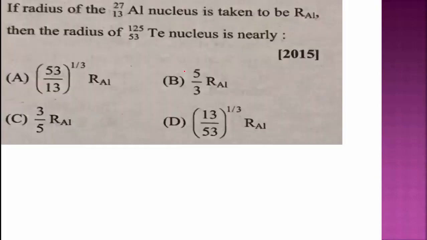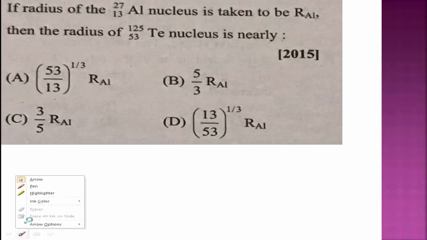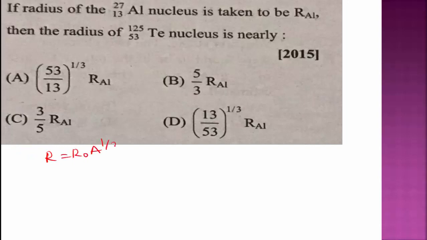And the next problem is, if the radius of the aluminum 27 nucleus is taken to be a certain value, then the radius of the tellurium 125 nucleus is nearly. This is also using the same formula, R is equal to R naught A to the power of 1 by 3.